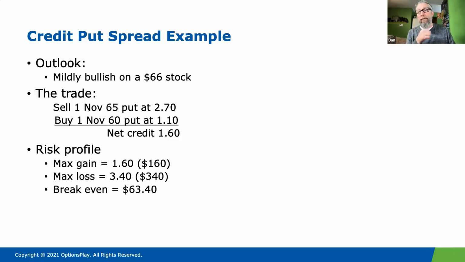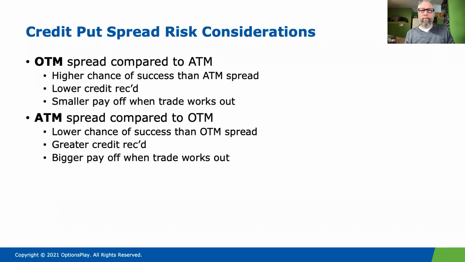And I've been doing a scan that I created for credit spreads. What's very interesting, and very counterintuitive to those of you who have traded these before, is that more credit spreads than not are at the money credit spreads, where we're selling the at the money option, and then the out of the money option is the one that we're buying. And that's pretty surprising.